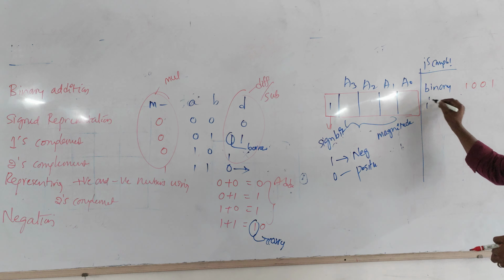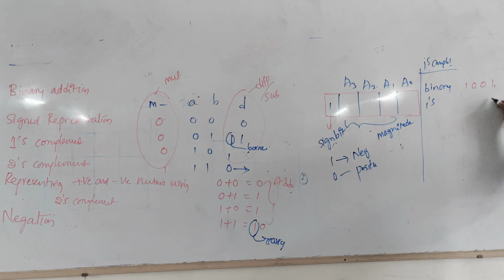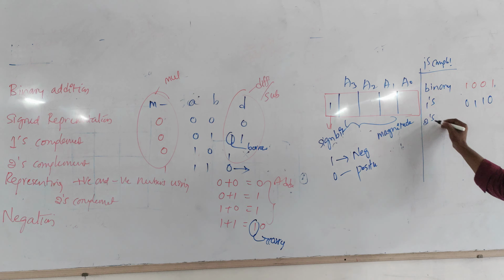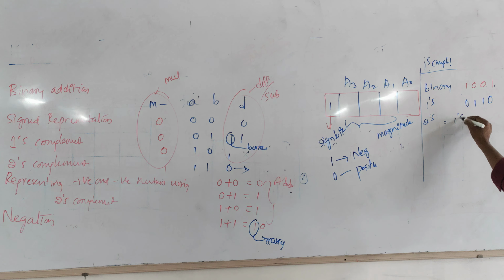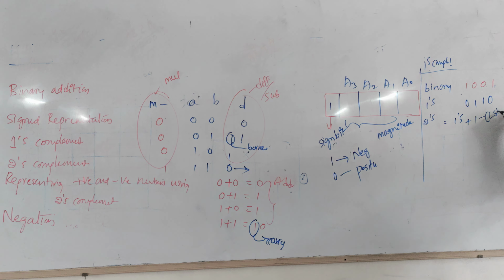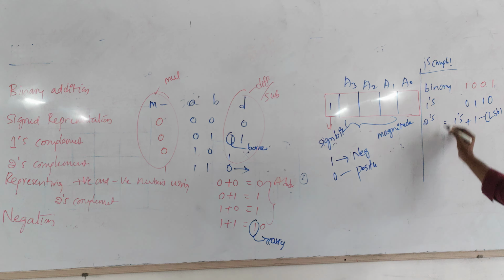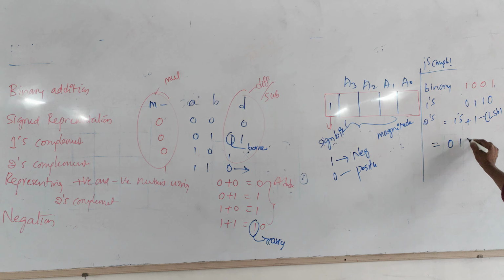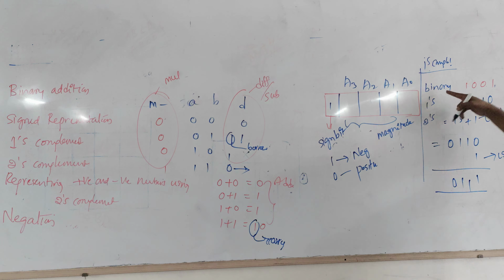Its 1's complement is 0 1 1 0. The 2's complement is equal to the 1's complement plus 1, by adding 1 to the LSB, the least significant bit. That is also very important. Adding 1 to 0 1 1 0 gives 0 1 1 1. This is the 2's complement of the corresponding number.